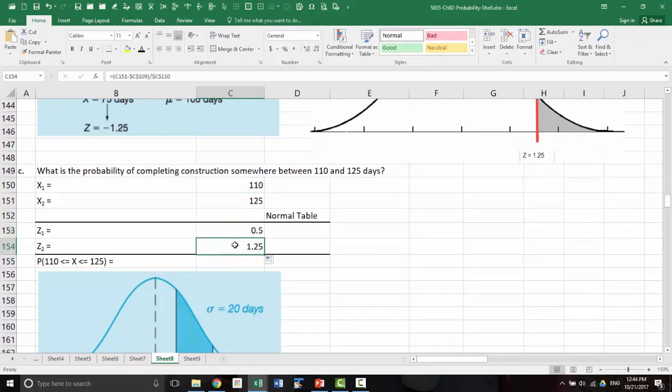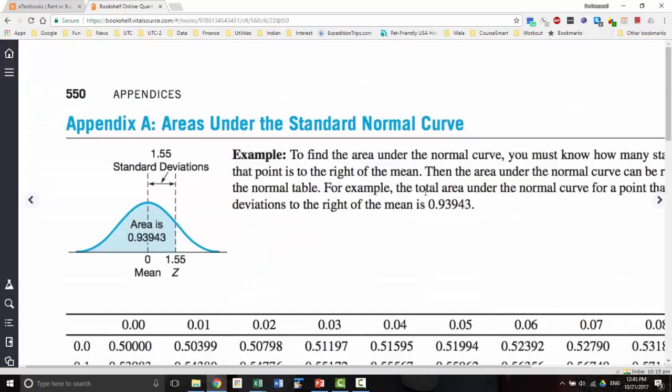So now we have the two z values. Z sub 1 corresponding with 110 is 0.5, and corresponding with 125 is 1.25. So now we can look up the table values for these two.